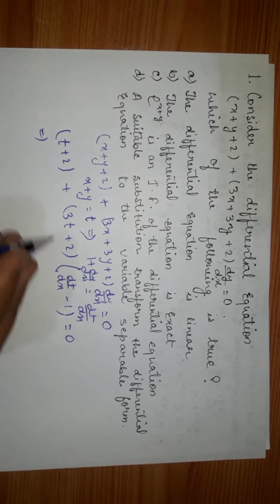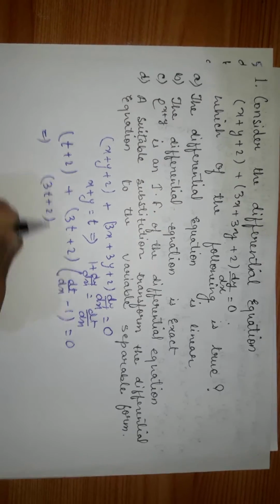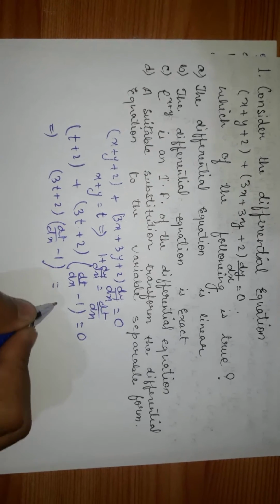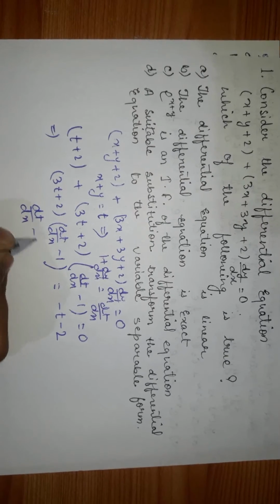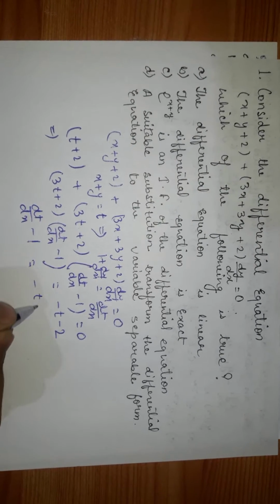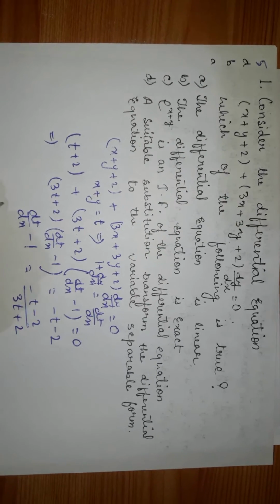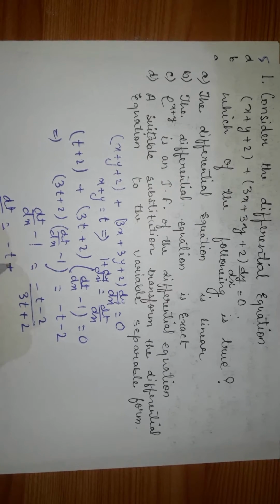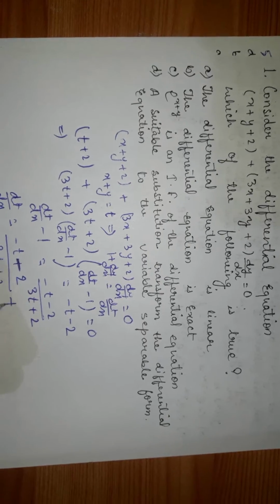From here, (3t + 2)(dt/dx - 1) equals minus t minus 2, so dt/dx minus 1 equals minus (t + 2) upon (3t + 2), and dt/dx equals minus (t + 2) upon (3t + 2) plus 1.